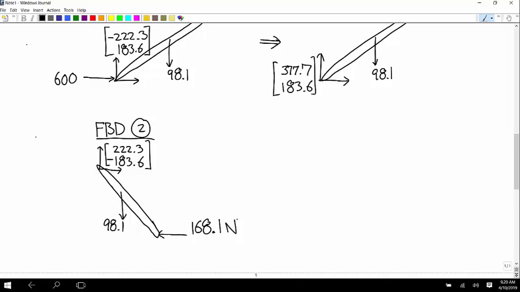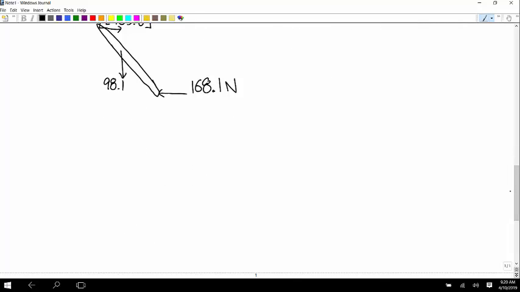All right. Well, the next topic is back to particle kinematics.